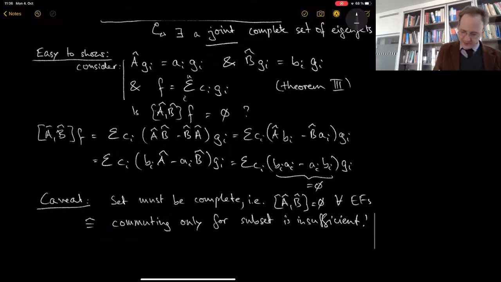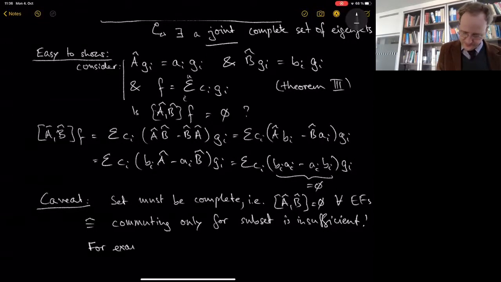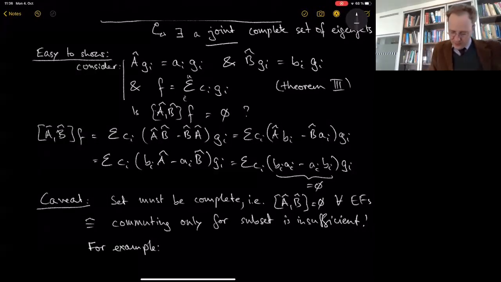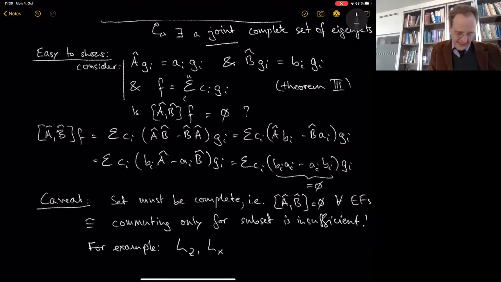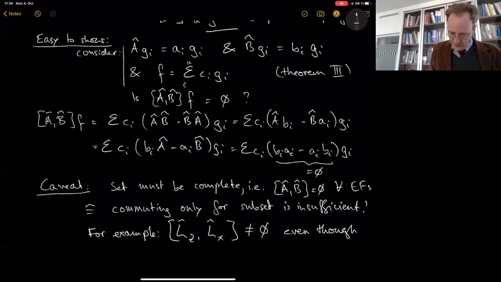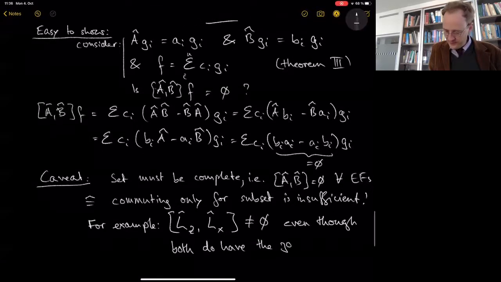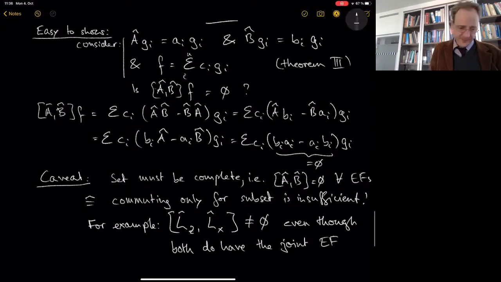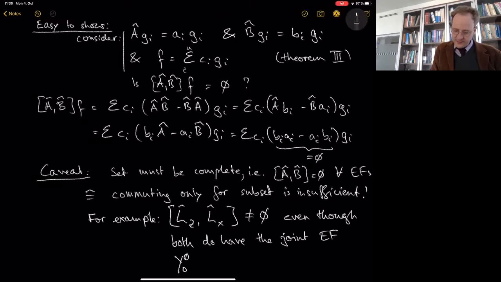So here's an example for that. For example, the angular momentum operators Lz and Lx do not commute in general, even though both do have a joint eigenfunction, the spherical harmonic in its lowest state. Okay.